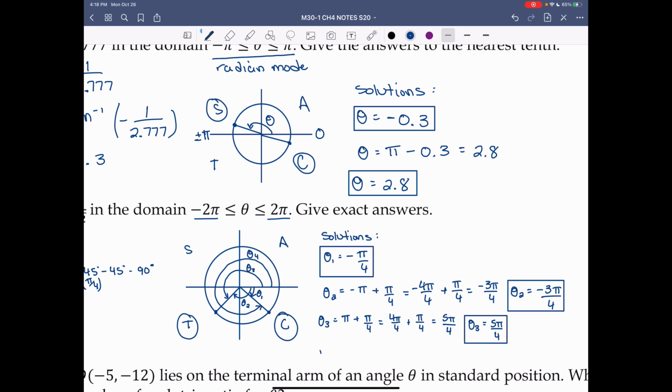And last solution, theta 4 is pi over 4 less than a full rotation. So full rotation is 2 pi minus pi over 4. 2 pi can be written as 8 pi over 4 minus pi over 4, which equals 7 pi over 4. So theta 4 equals 7 pi over 4.